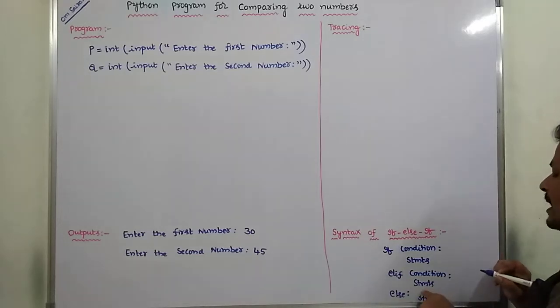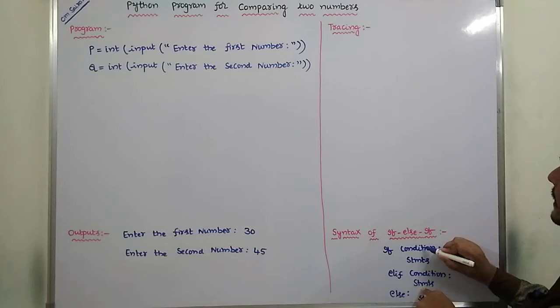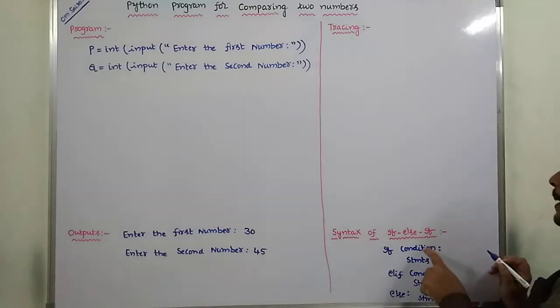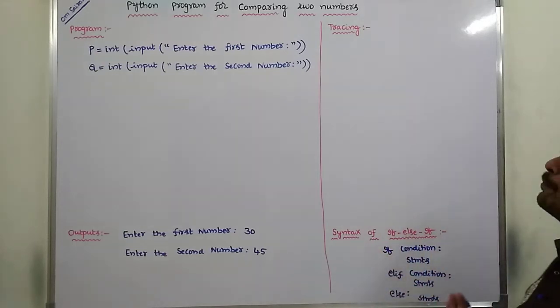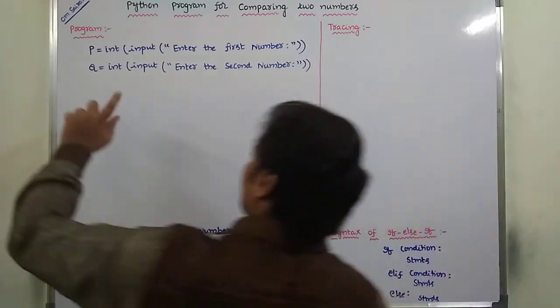If the first condition is true, only the statements within that block are executed, and the remaining two blocks are skipped. So this is the syntax of the if elif ladder and how it works, as already explained.